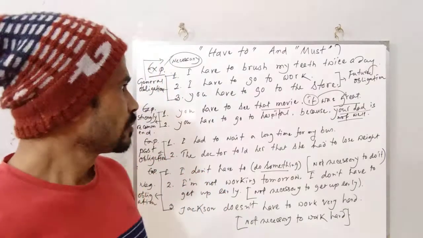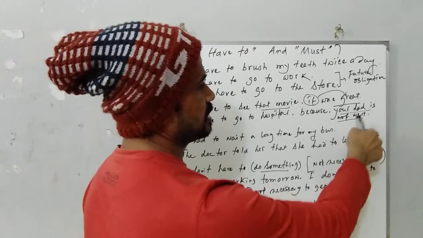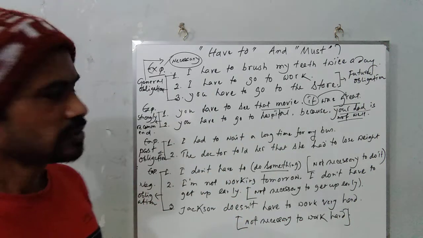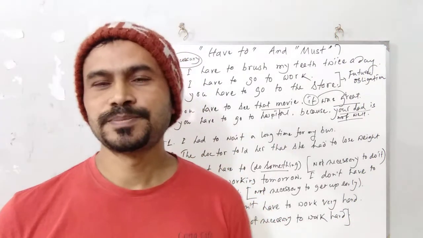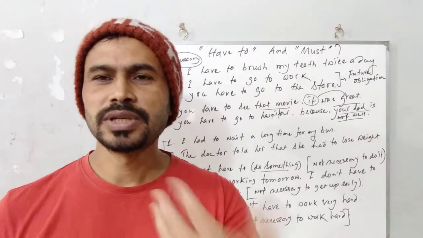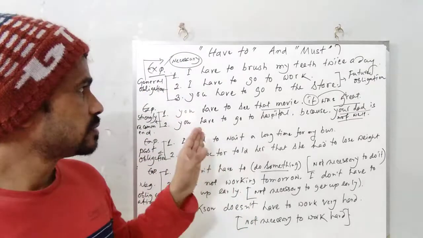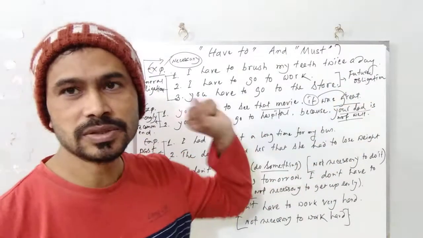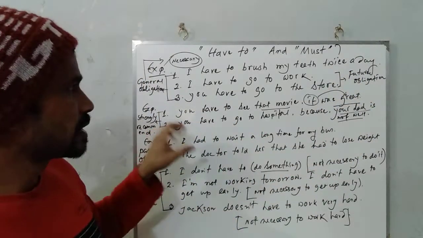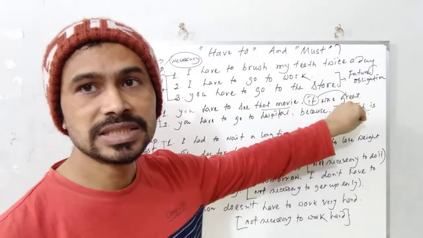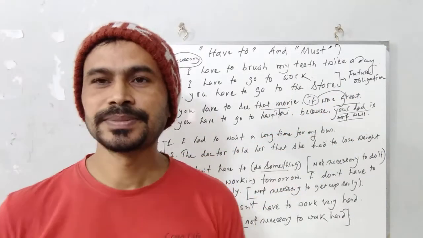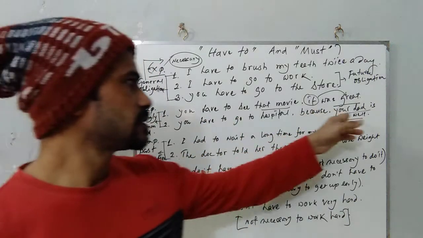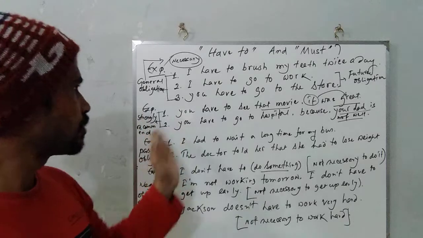So my friends, if you want to understand better, you have to see the second sentence or second statement, because recommendations depend on the second sentence. So you have to go to hospital because your father is not well. That's why you have to go to hospital.